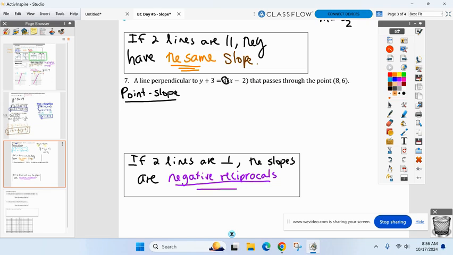Maybe you're not on top of your game. That's fine. There's still another way, which is clean this up. Get y by itself. So if you don't notice that it's in point slope, distribute the 4, and I'm going to get y plus 3 equals 4x minus 8, right? Clean it up. Get y by itself if you don't notice it's in point slope. It's not an excuse. Move the 3 over.